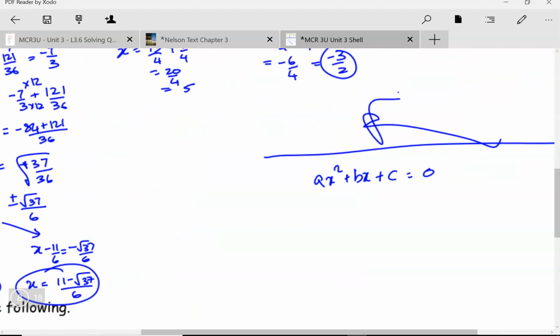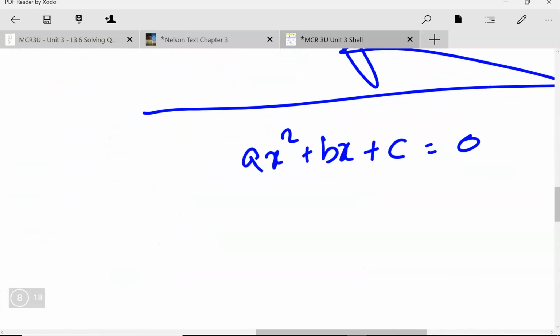Instead of numbers, keep those a, b, c values and try completing the square using those values. So our first step would probably be to factor out an a. You get x squared plus b over a x, and when solving for x, we know we move the c to the other side. That's step 1.